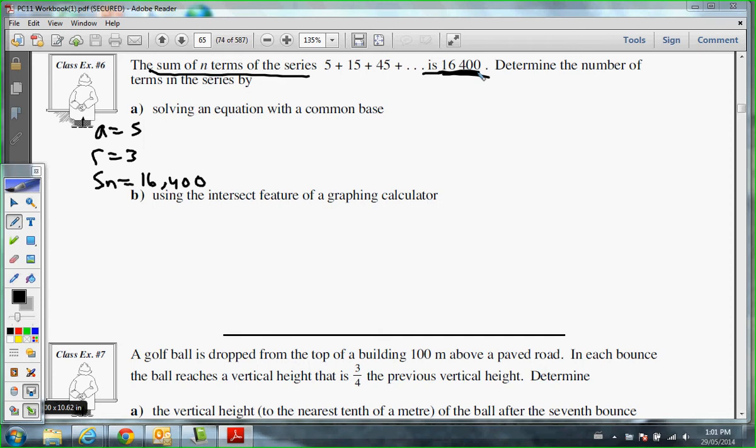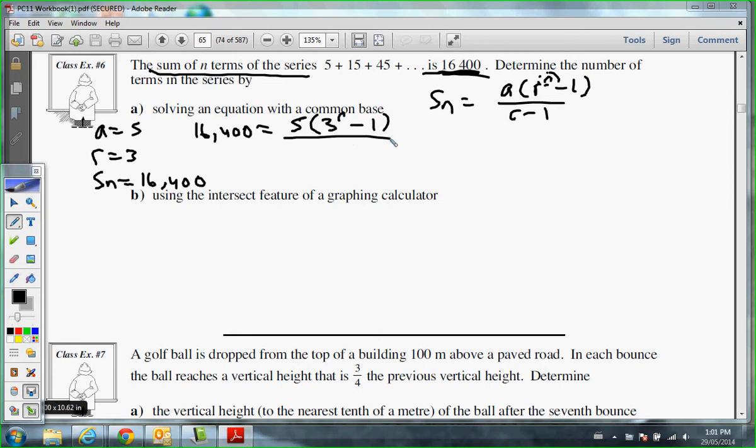So we got to work backwards. So we're going to go back to this formula again. I'll write it one more time. We're going to the A times R to the N minus 1 over R minus 1. So see, we have everything except for the N. So we're going to plug that in. 16,400 equals 5 times 3 to the N minus 1 all over 3 minus 1, all over 2.